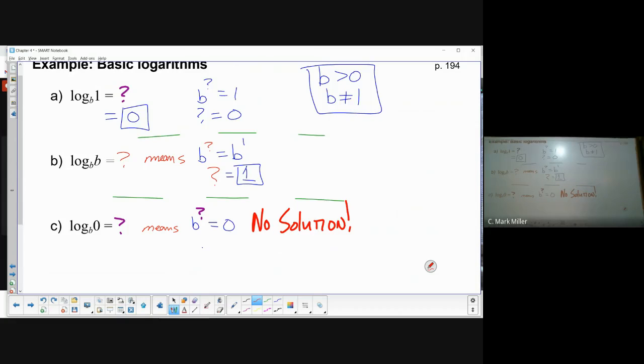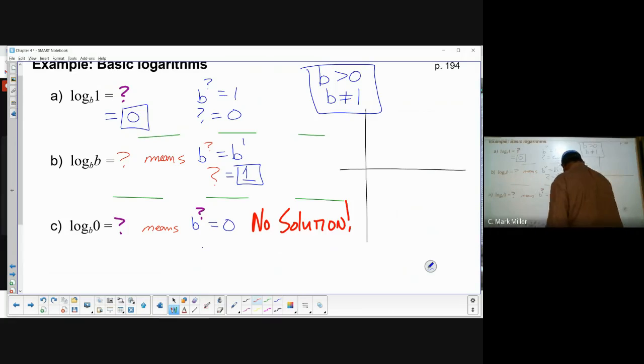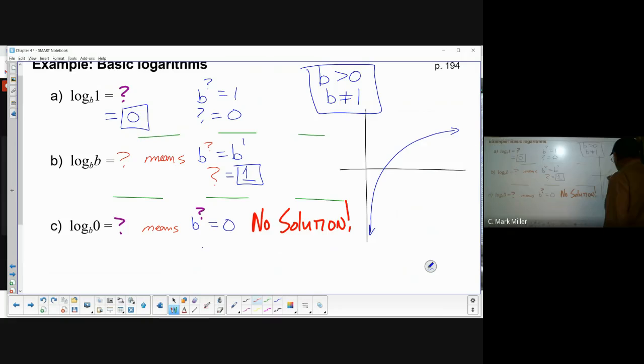Now I want to show you something else. I think we did the graphs of these. We did the graph of f of x equals log base b of x, and it's that shape if b is bigger than 1, and it's this shape if b is between 0 and 1.